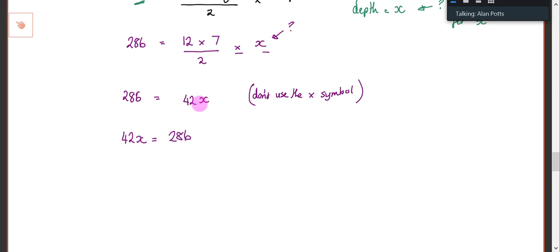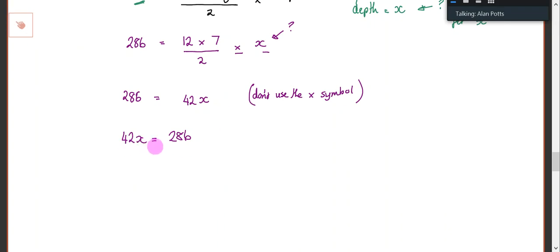I do need to figure out what x is, though. How can I do it? Divide by 42. Good.